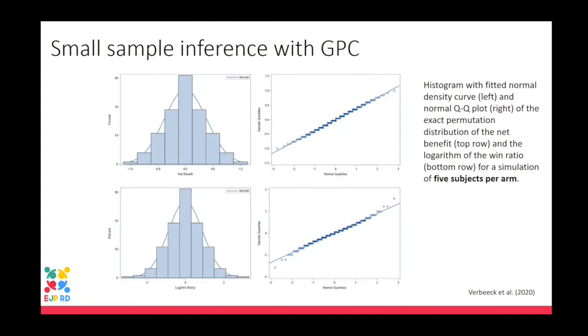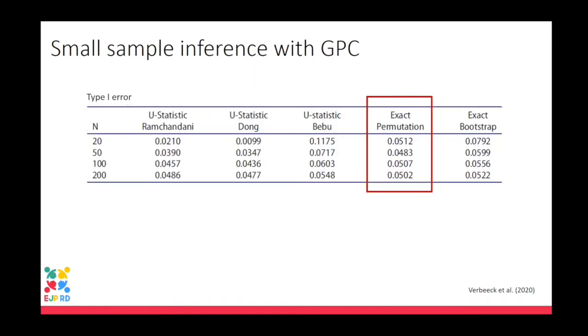And also on the right, you can see the normal QQ plot, which shows that even for very small sample sizes, 5 subjects per arm, so a clinical trial of 10 patients only, the normality assumption is valid, and so the test is valid in very small sample sizes.